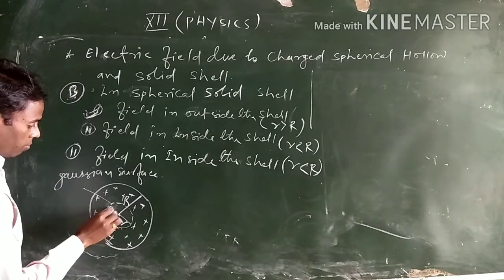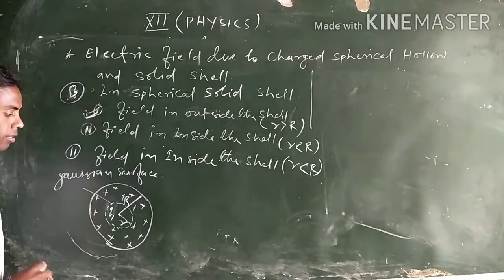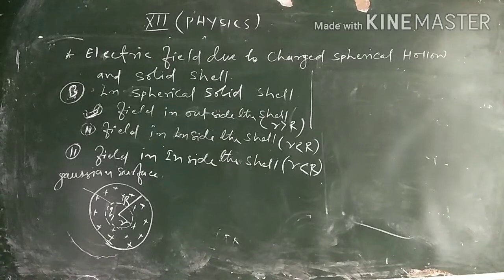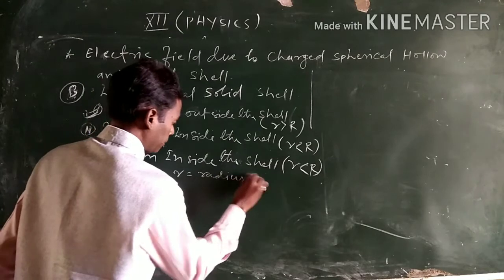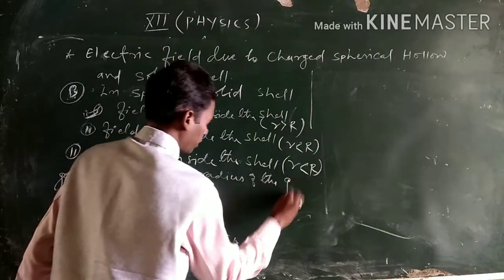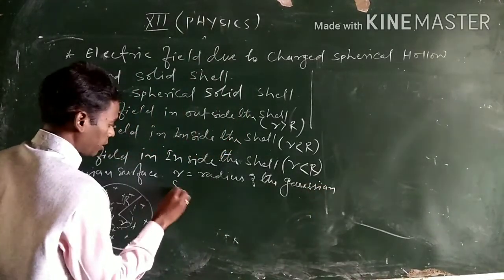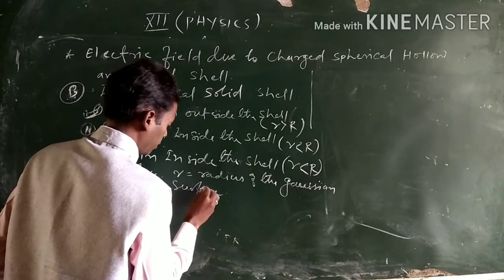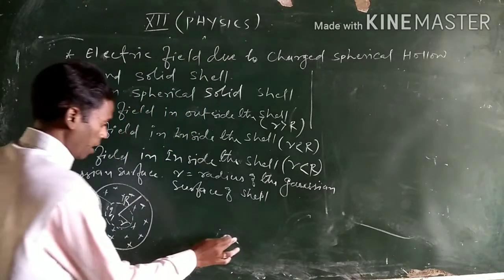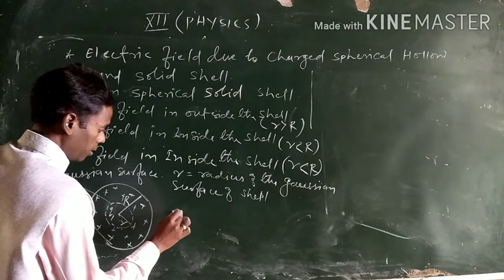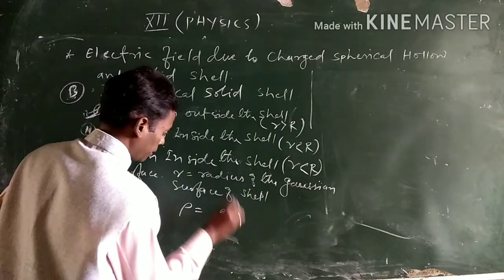Suppose for this one our Q1 is the net charge inside this Gaussian surface, right? For this one, here r is the radius of the Gaussian surface of the shell, and here our volume charge density rho is equal to charge per volume.